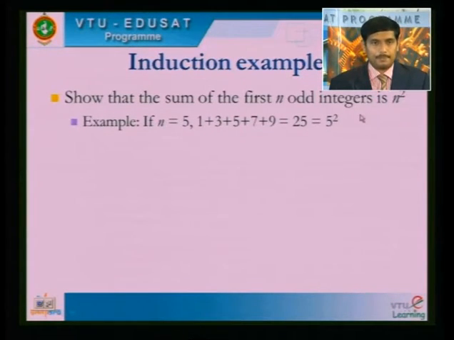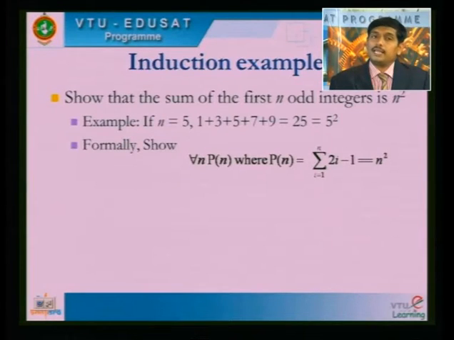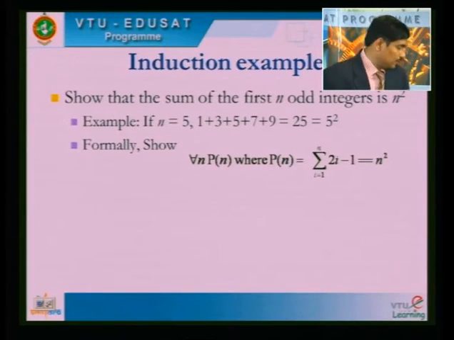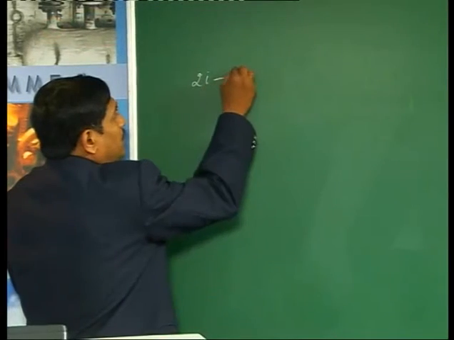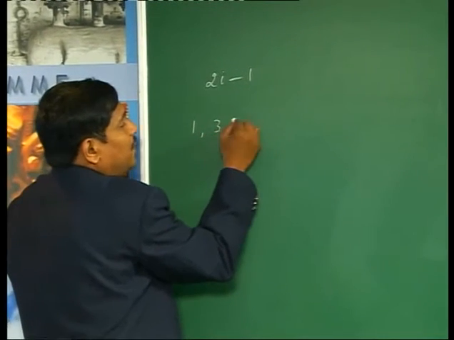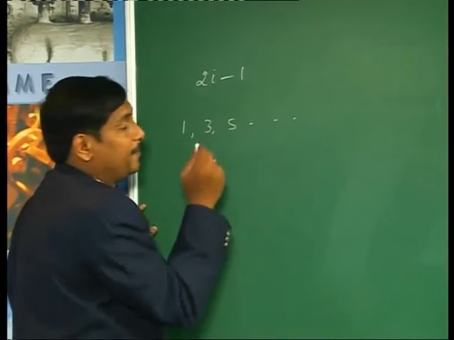This is a simple example, and formally we show that for all n, P of n, where P of n can be written as the sum of i running from 1 to n of 2i minus 1. The sequence 1, 3, 5 and so on is an arithmetic progression.